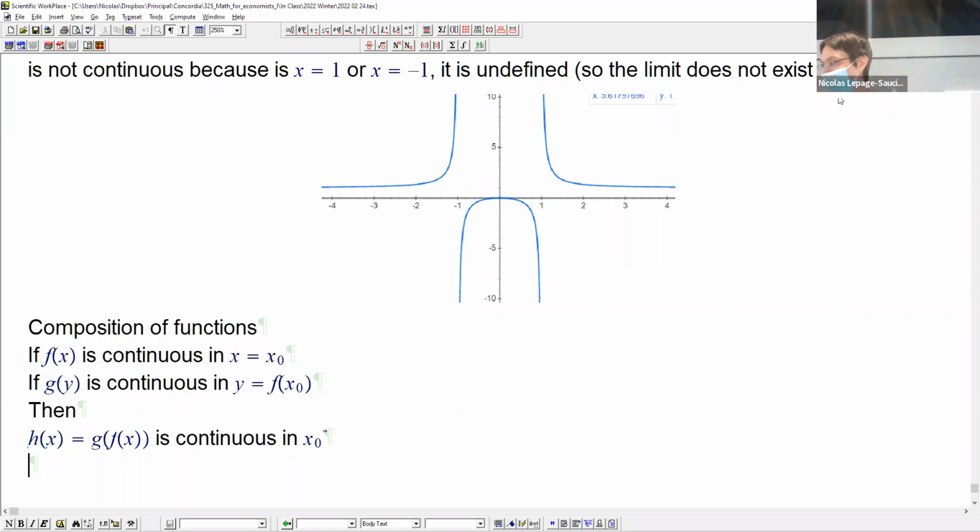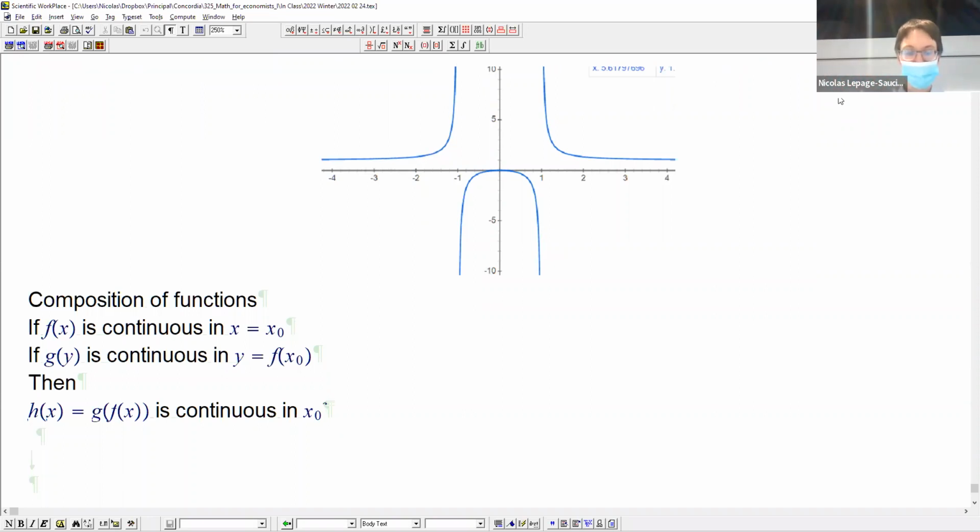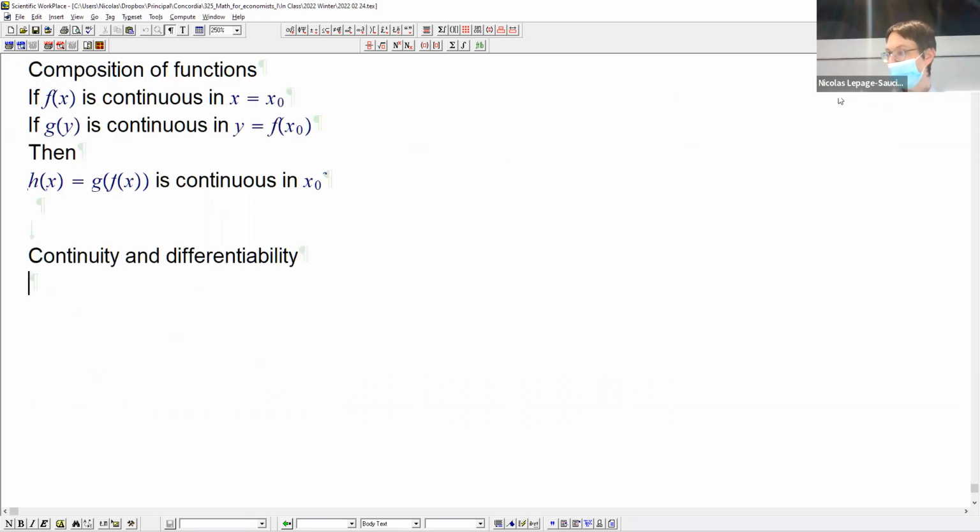And now we're going back to differentiability. So continuity and differentiability: every differentiable function is continuous.